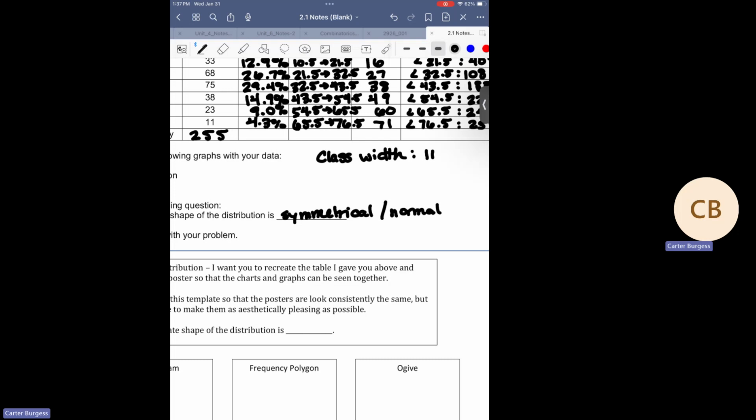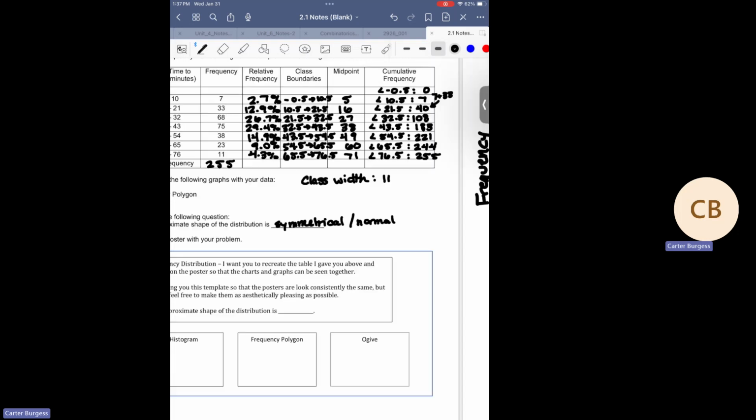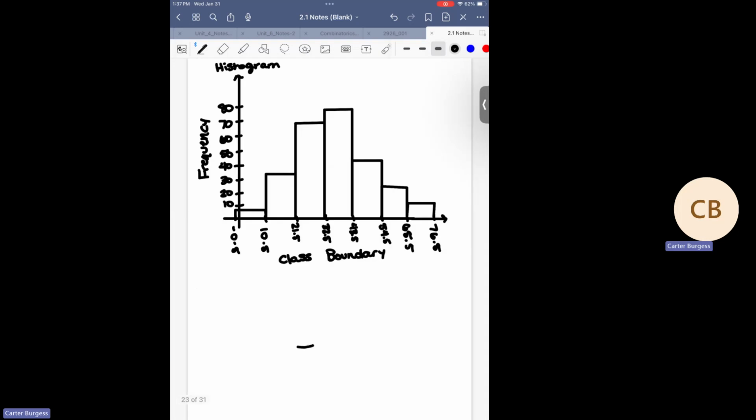I would say the only real difference between a normal distribution and a symmetrical distribution is the normal distribution is always going to be heavily weighted towards the center, and you could theoretically have a symmetrical distribution that looks like this, where it's really weighted to the sides and not very weighted in the center. This would still be symmetrical. It's just not normal. It's doing something else. It would be called bimodal. But normal is generally what we are going to see with our symmetrical, just certainly not exclusive.